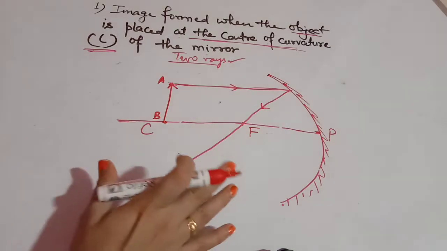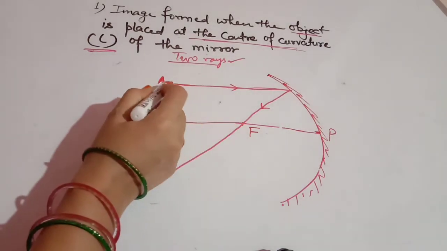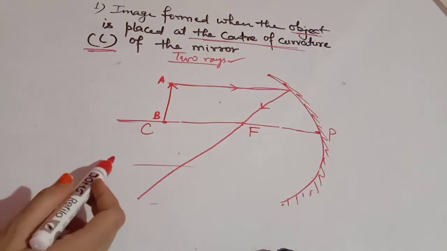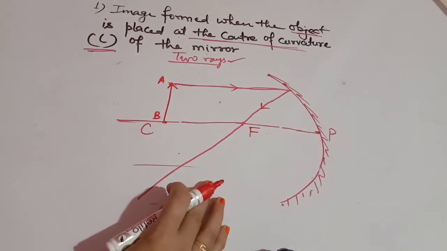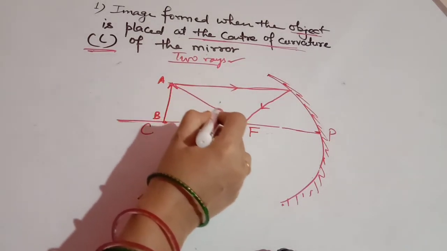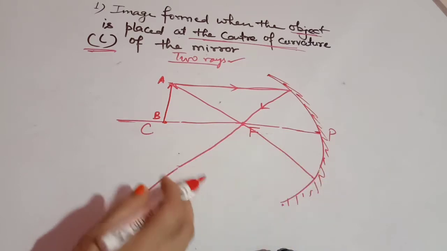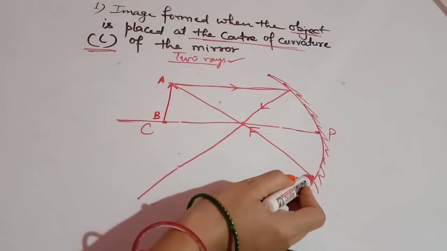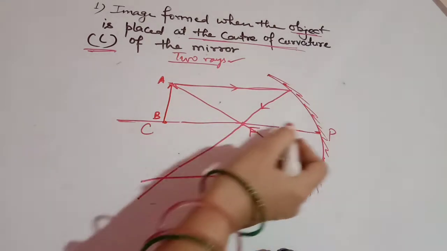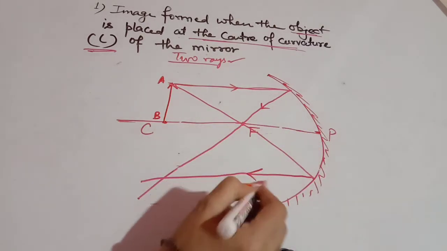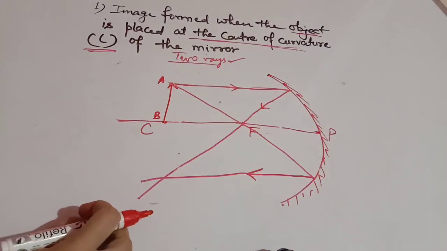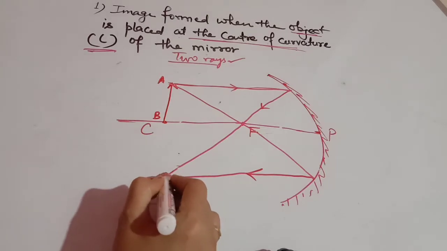Now the other rule: when the ray of light passes through the focus, it reflects back and becomes parallel to the principal axis, isn't it? So we apply that rule here. Suppose this is passing through the focus. After that, it will be reflected back and becomes parallel to the principal axis. So this is the reflected one. When both reflected rays cut, at that point you will get the image.